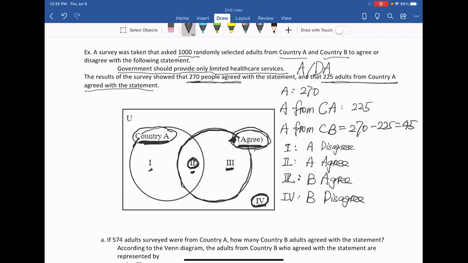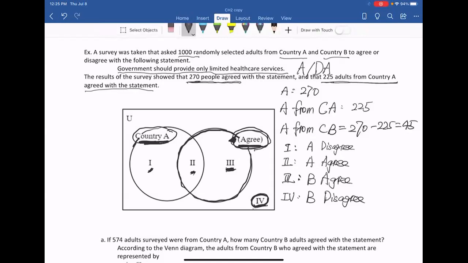Region 1 is the people from country A who disagree. Region 2 is the people from country A who agree with the statement. Region 3 means the people from country B who agree. The rest, region 4, means the people from country B who disagree. I hope you understand the meaning of this Venn diagram because we have a question in our assignment.